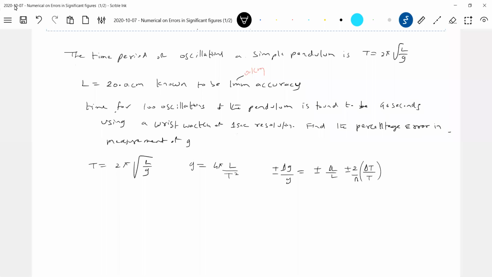Okay, agree with this? Some books have shown n inside, as the number of oscillations. But I wanted to reflect the random error definition: random error is inversely proportional to the number of observations. So if you take more observations, the random error will decrease. Therefore I introduced that n here.